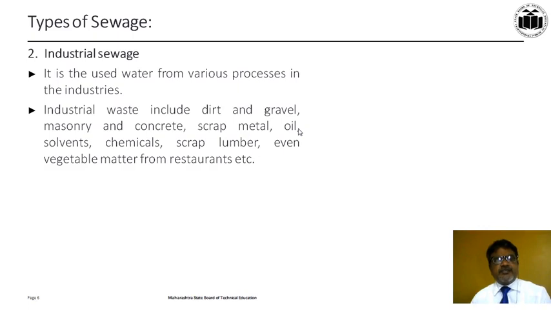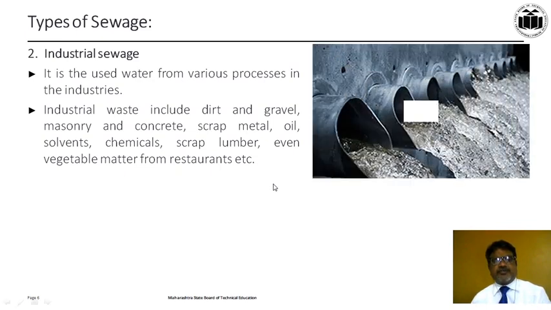The industrial waste includes dirt and gravel, masonry and concrete, scrap metal, oil, solvents, chemicals, scrap lumber, even vegetable matter from restaurants, etc. From this picture you can see the image of industrial waste.